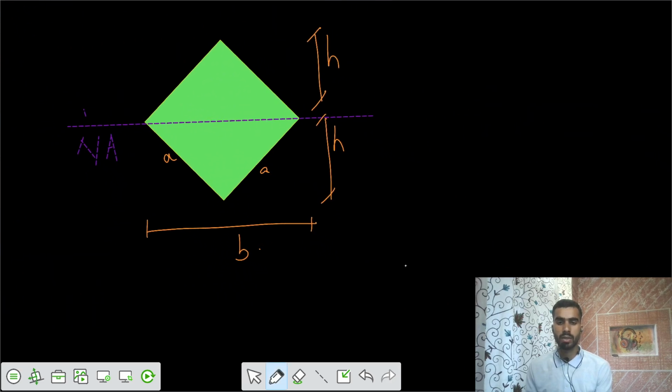Let's say in the cross section, you take a point A at a distance of y from the neutral axis, and you take some differential element of depth dy. You have two options now. You got the point A. Now you can take the area above, or you can take the area below.